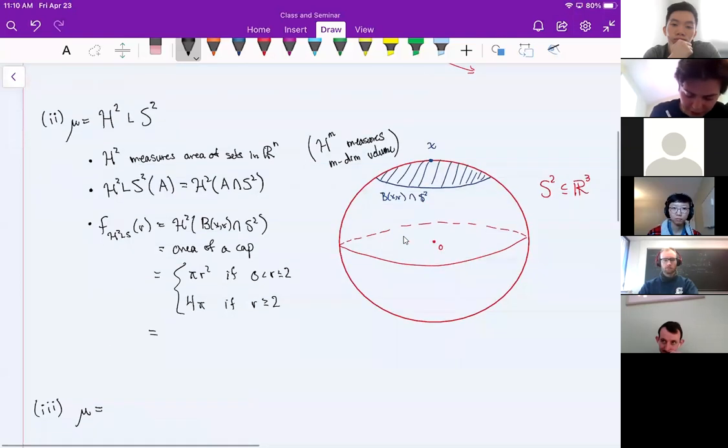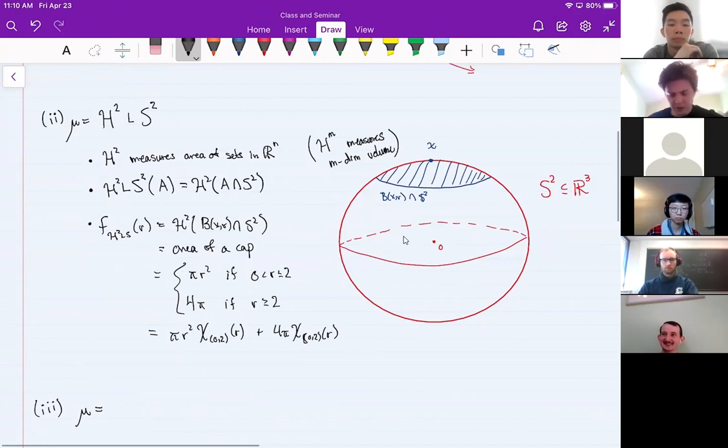If I want to write this in a nicer way, I can write it like this, using characteristic functions. So this is what my distribution function looks like in this case.